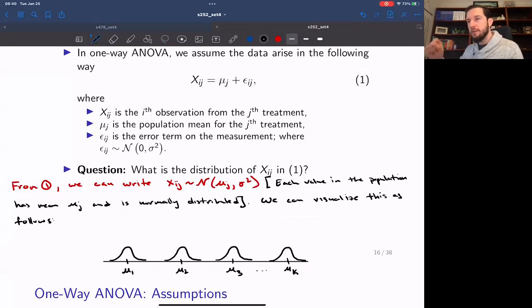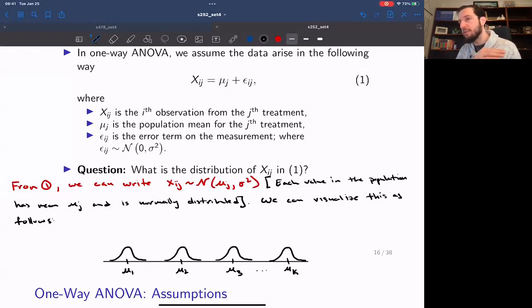So the model is telling us, when we use a one-way ANOVA, we assume every single value in the population is normally distributed, but the values can belong to different normal distributions that are only different because of the mean that they are centered at.